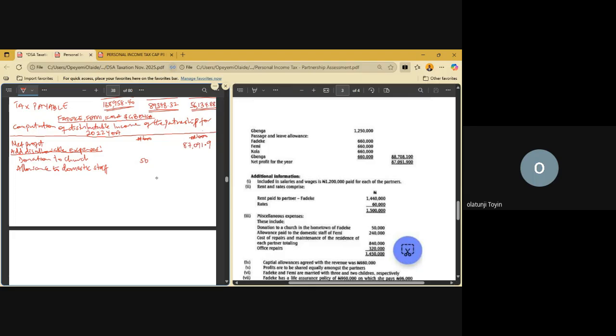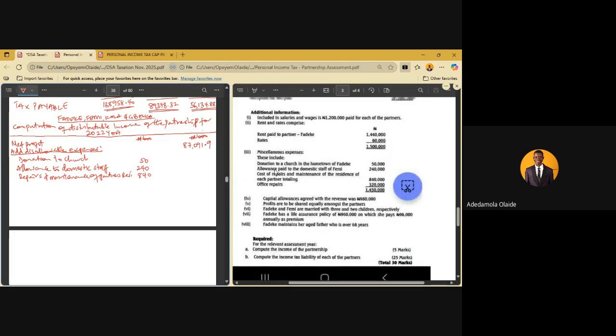Repairs and maintenance of their residence is disallowable. Other office repairs will be allowable. That's what we have in the additional information.